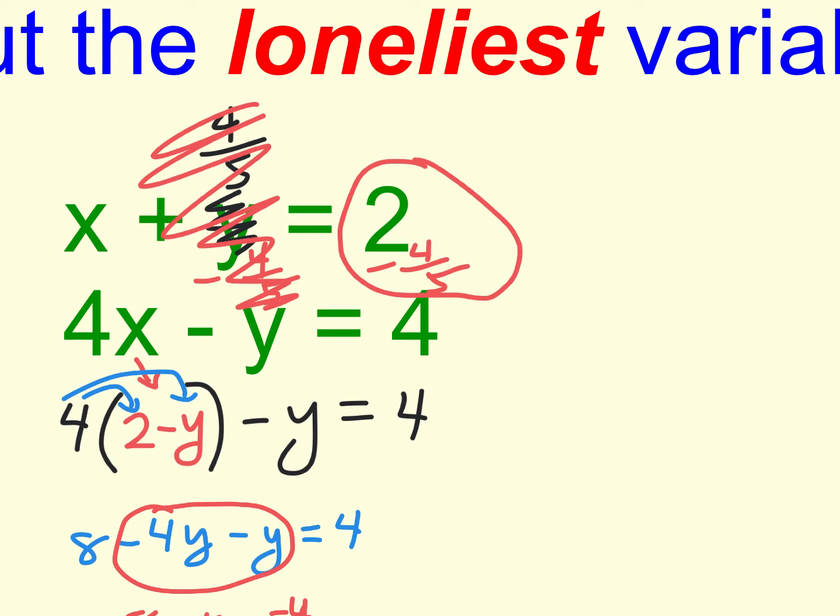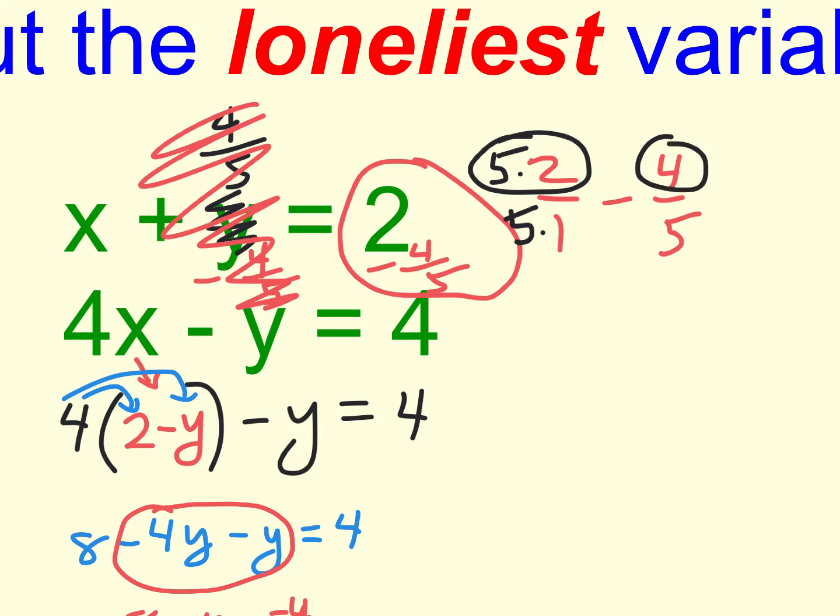All right, I'm going to help you. I like what she said. 2 over 1 minus 4/5. And then we need a common what? Denominator. So I'm going to make this have a 5 denominator. Now that's 10/5 minus 4/5.